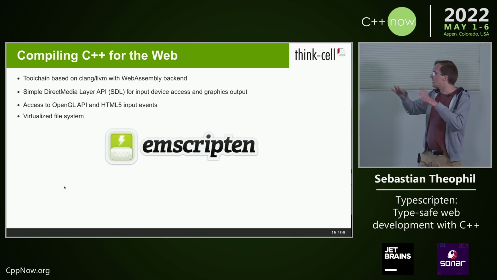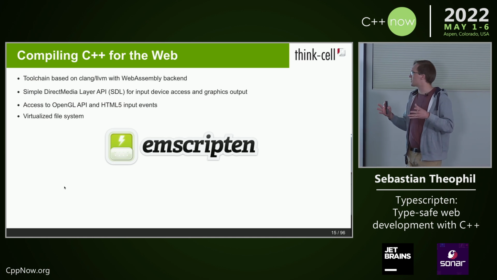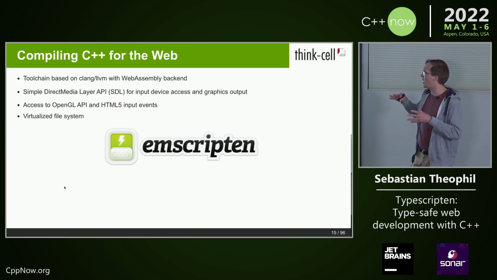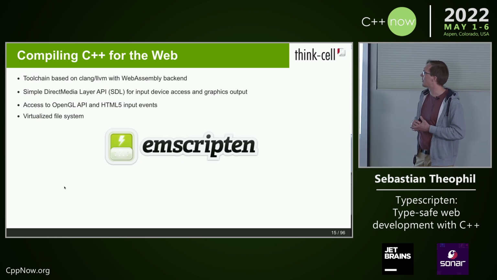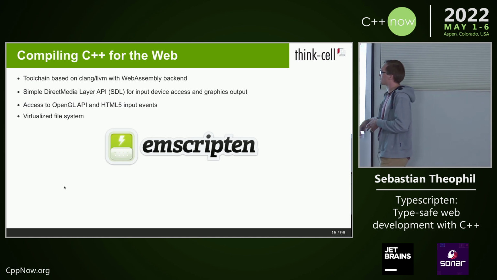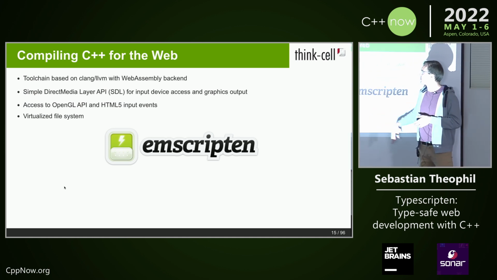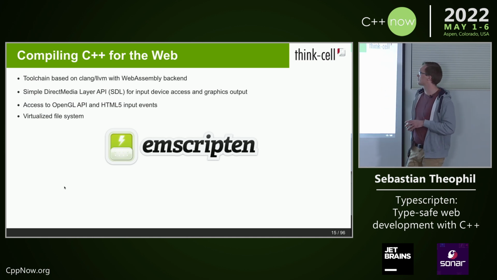And now we need to wrap this all up together with some runtime support, and this is what emscripten provides. So it bundles both the compiler, which is Clang, of course, which has a WebAssembly backend, and then emscripten provides OpenGL headers, simple direct media layer API headers, interfaces to access HTML5 input events, and then implements them all in a JavaScript runtime library.